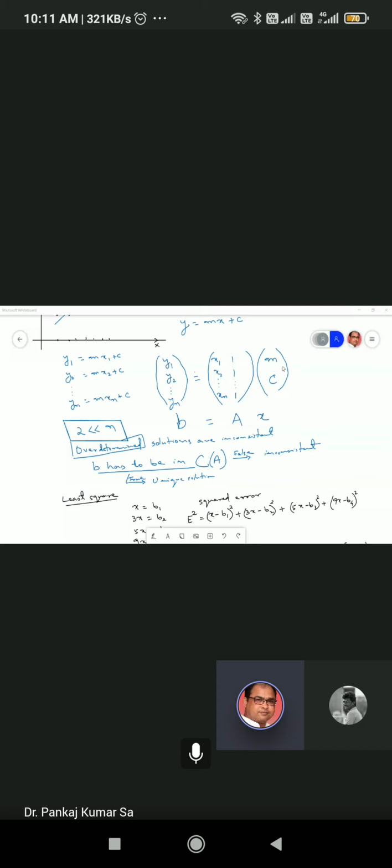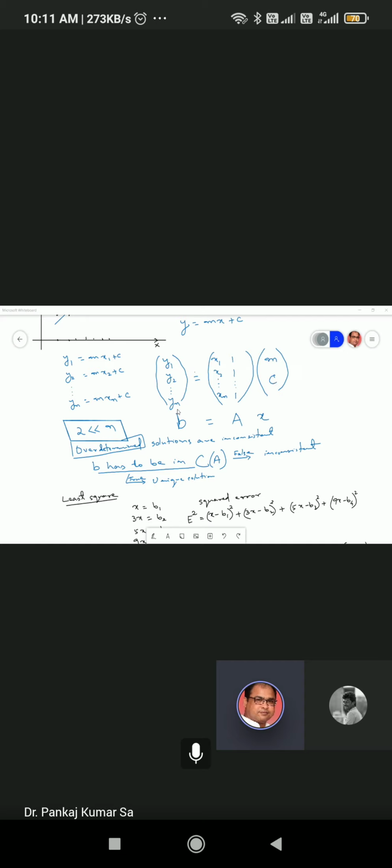One matrix is the unknowns m and c. The other matrix is again n cross 2. So n number of rows signifies the set of equations, and two columns. These two columns match with this matrix of m and c.